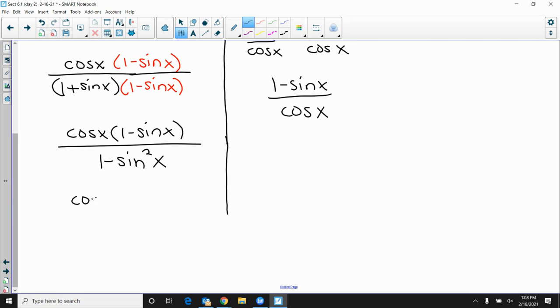So I got cosine of x over 1 minus sine of x. Now, this is the main reason we multiply by the conjugate: you get something squared, like 1 minus sine squared. You typically get one of those Pythagorean identities we can replace. 1 minus sine squared is cosine squared. All right, now all I've got to do is cancel here.